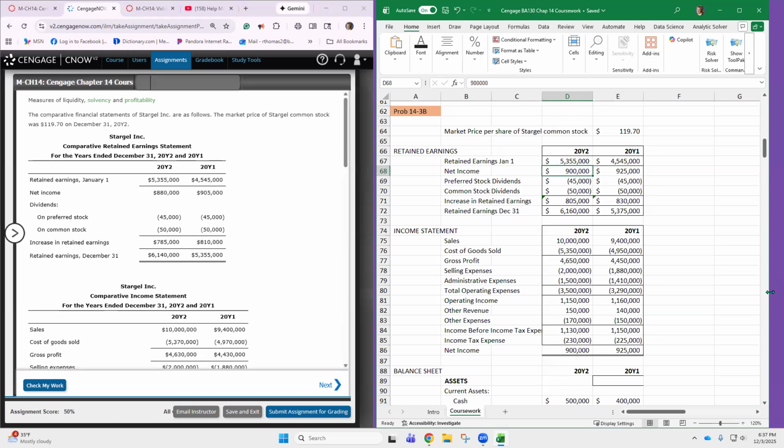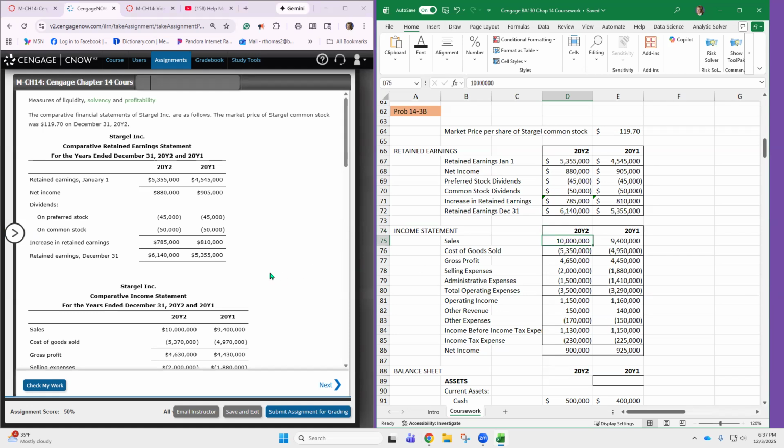Okay, so I'm just putting in what the retained earnings were, the net income. Okay, and then the preferred stock dividends, those are good. How about the common stock dividends? They're good. Our increase in retained earnings is 785 and 810. Our retained earnings, those are good.